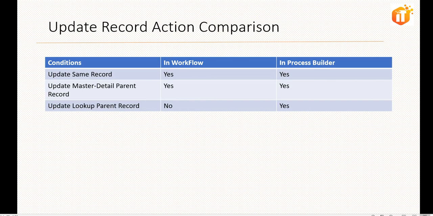But leaving one, we are going to cover everything within our advanced admin session. We are going to create an approval process. We are going to create a flow, and this will be called from our process builder. And we are definitely going to do that.